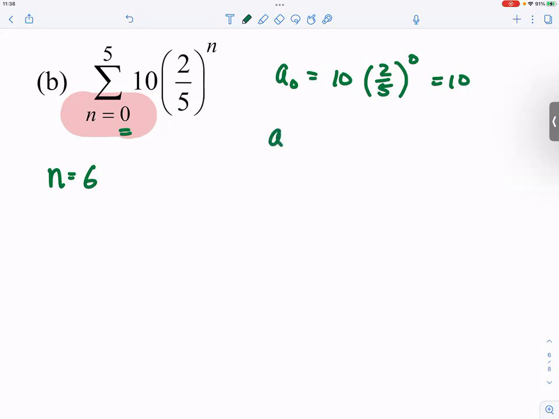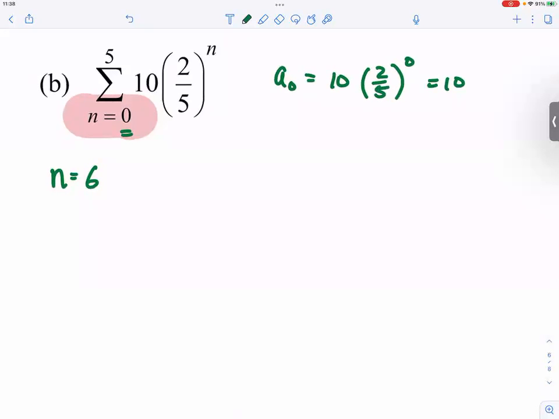We don't need to find the fifth term because the question does not ask for it, but we need to know the R. What is the R in this case? The number inside the parentheses raised to the n power would be your R, because you are multiplying by this number every single time n goes up by 1.